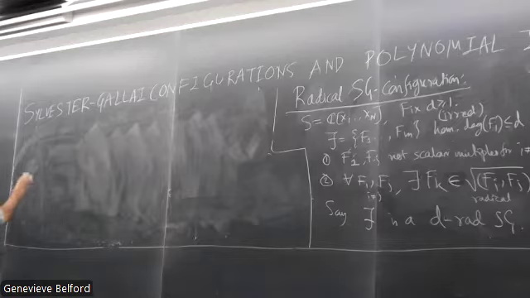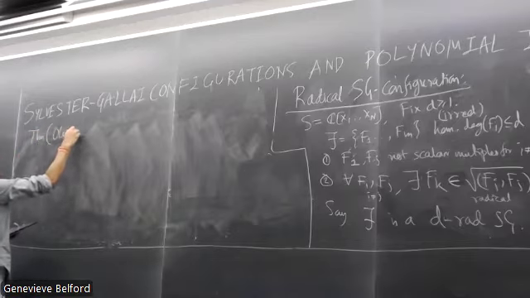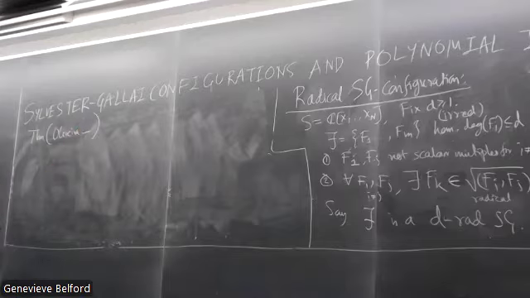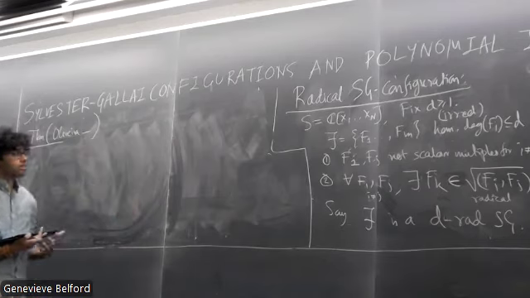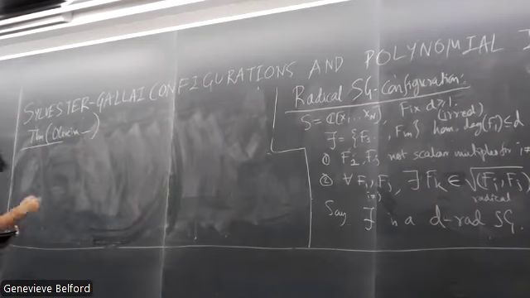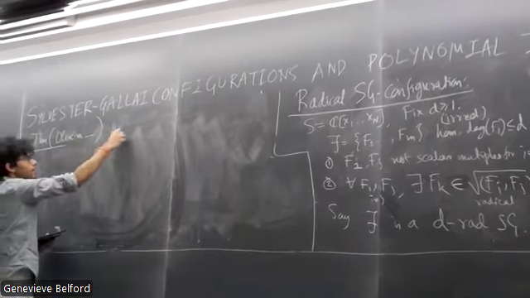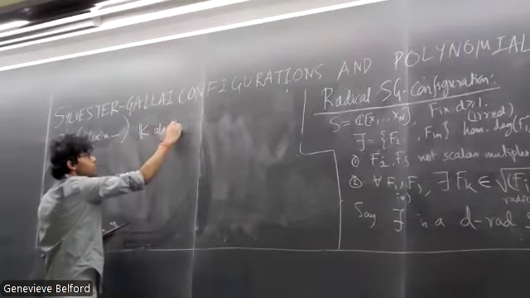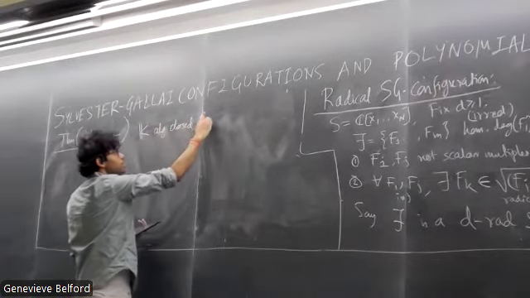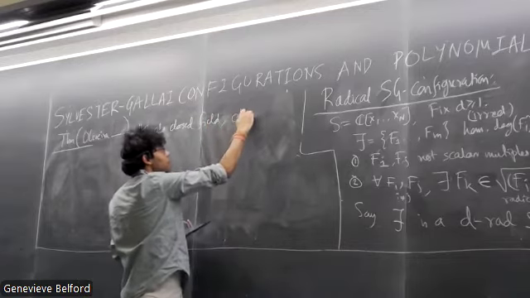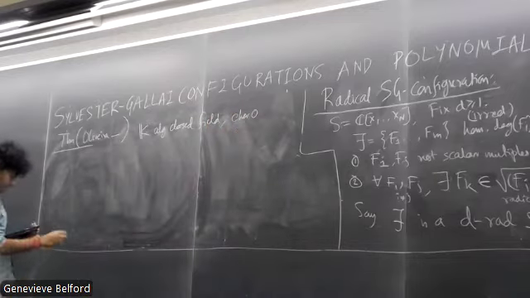All right. So what's the theorem here? This is a theorem of Rafael Oliveira and myself. It works more generally over algebraically closed fields of characteristic 0, so let's write K is some algebraically closed field of characteristic 0.